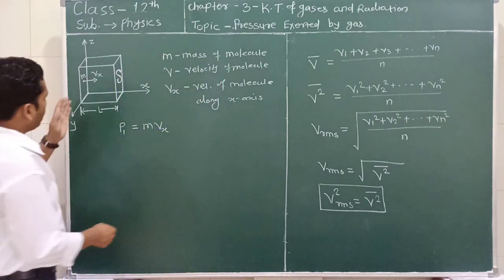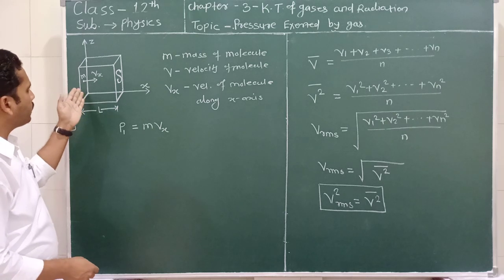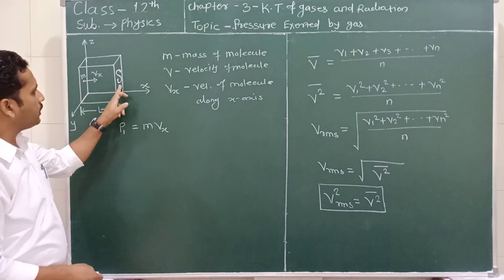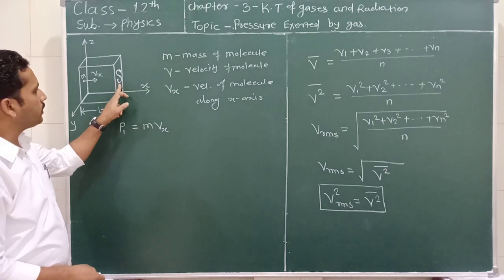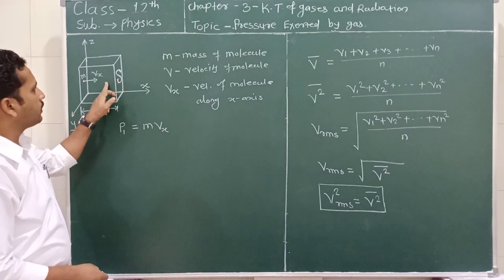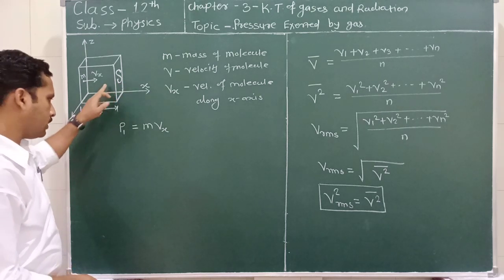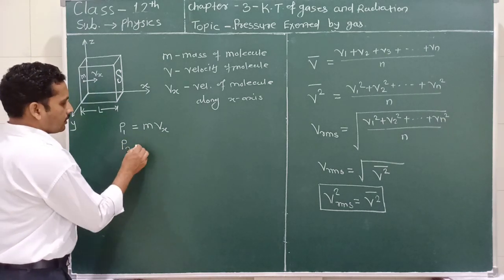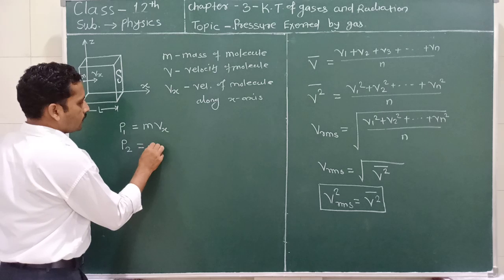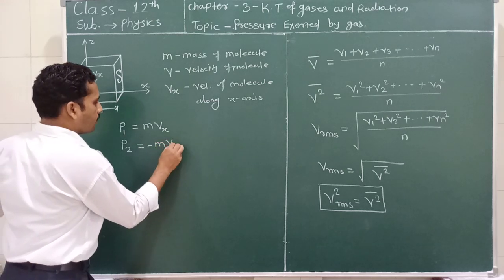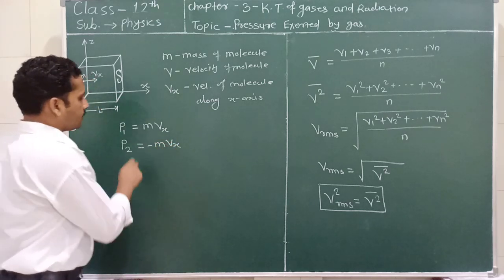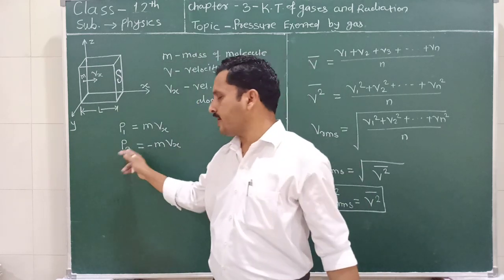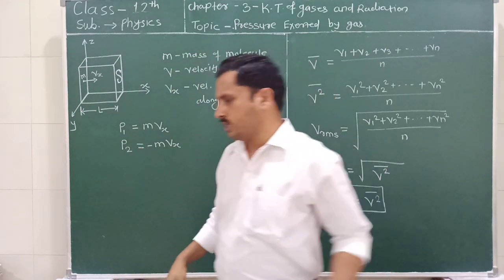Now when this molecule travels along the x-axis and reaches this face, it collides with this wall and returns in the reverse direction. So after that the momentum is equal to minus m vx. Why this minus sign? This minus sign indicates that the velocity gets reversed after the collision.